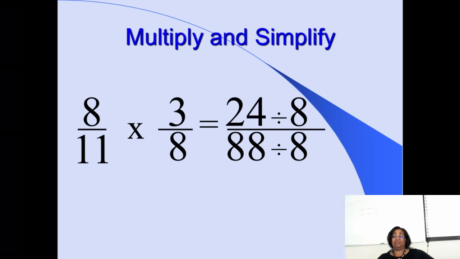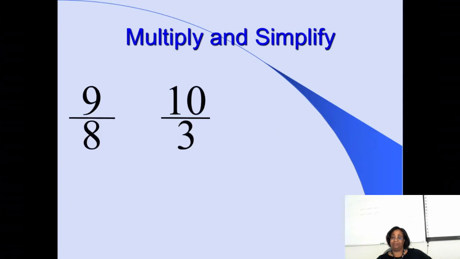Just make sure that you reduce properly. And when we reduce, we get 3 over 11. But I like my way where you just cross those out and you already know it's 3 11ths. Okay? But you can do it the longer way where you multiply them and then divide.